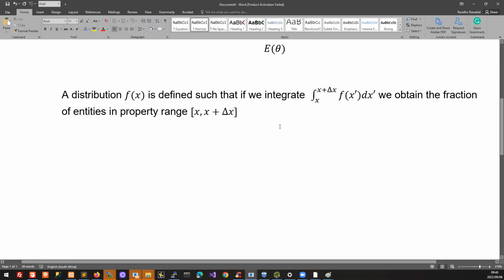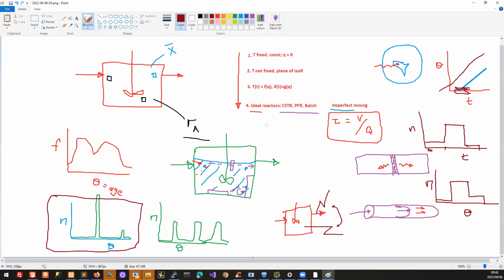So what we are saying here is that we have some distribution function. Let's clear some room here.